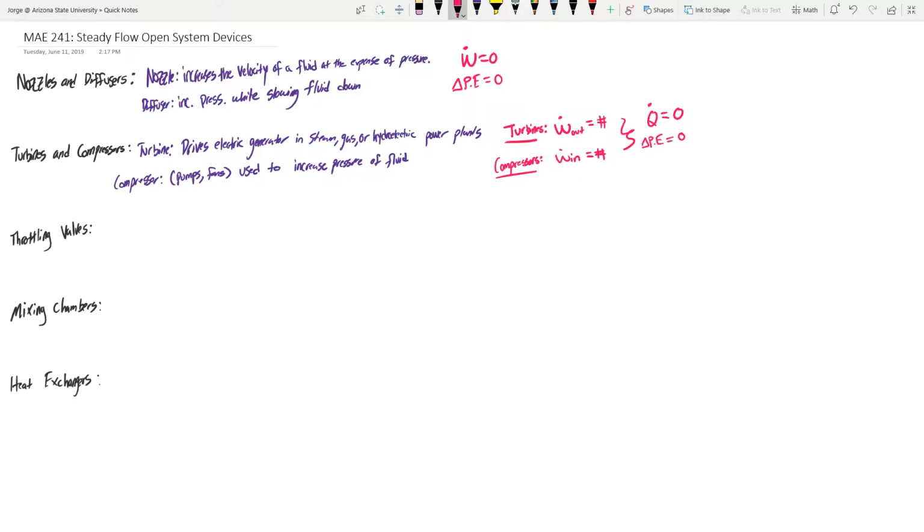Okay, so moving on, we can introduce throttling valves. These devices restrict flow, causing a significant pressure drop in the fluid. So they restrict flow, causing pressure drop in the fluid.